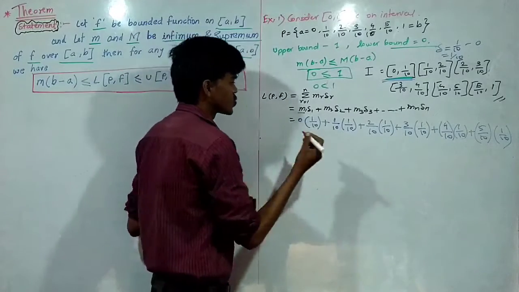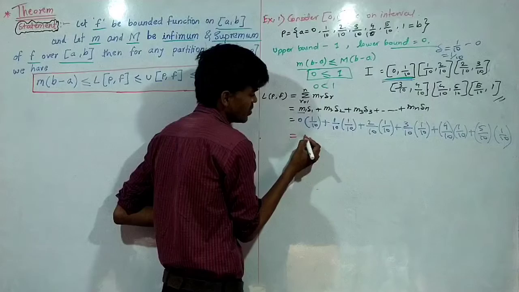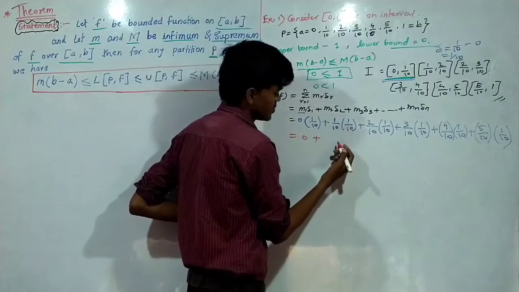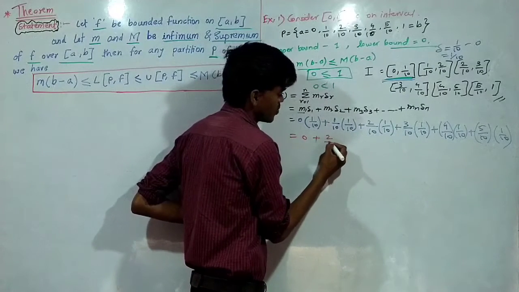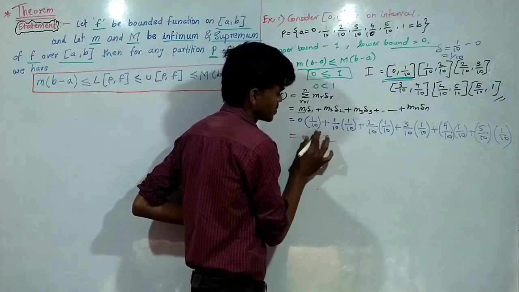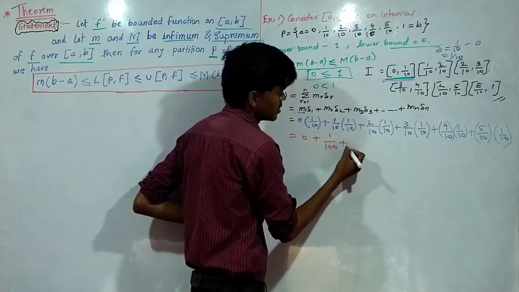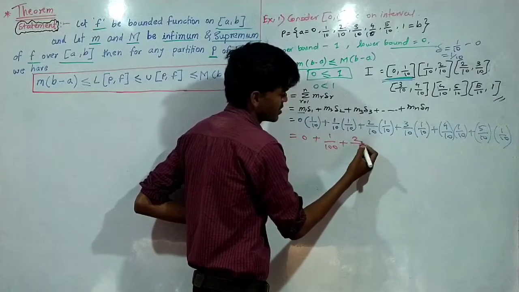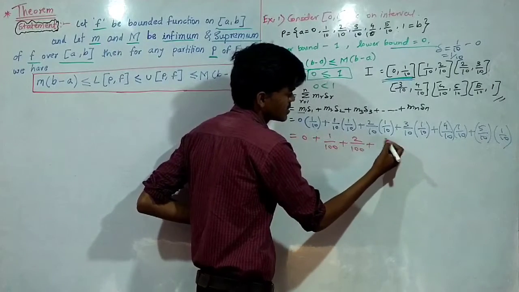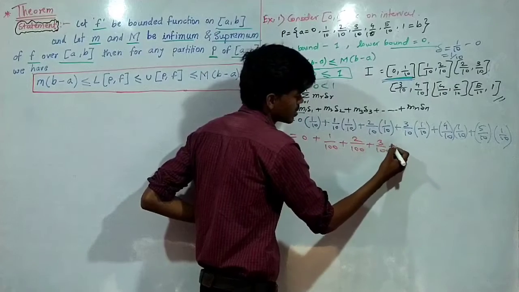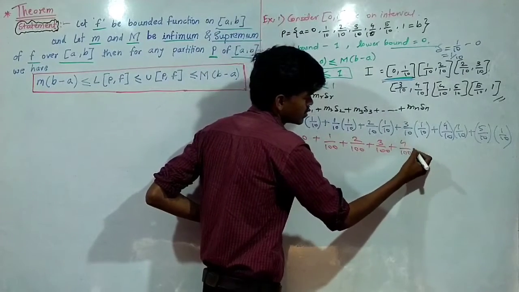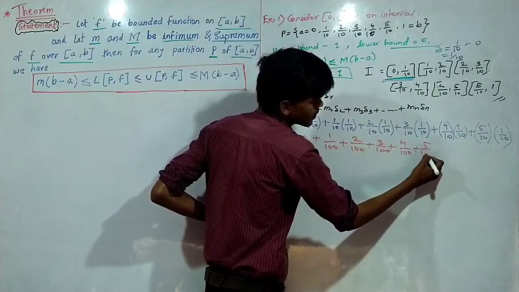Now we need to solve this. This entire term will be 0 plus 1 by 100, plus 2 into 1 by 10 into 10 is 100, plus 3 into 1 divided by 100, 4 by 100, 5 by 100.